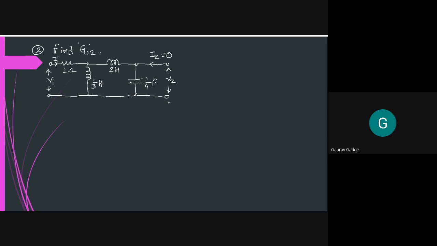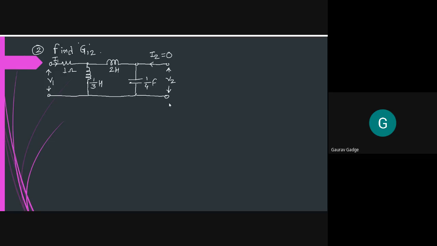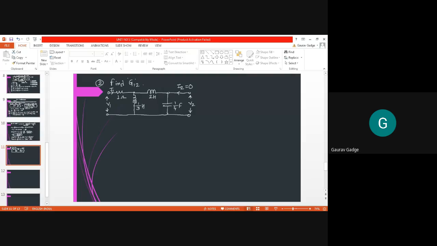G12. Based on the equation of G12, you can decide whether to apply all the steps here or not. That completely depends on you. So can you just start solving this numerical? Who attempts first? Let us check.